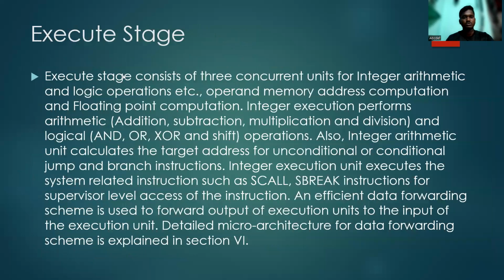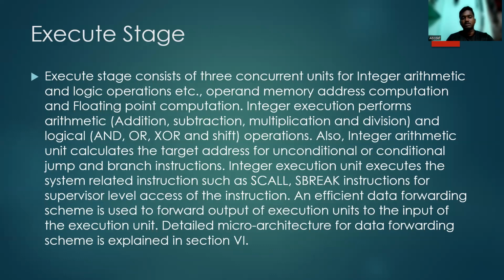And the next one is the execution stage. Execution stage consists of 3 concurrent units for integer arithmetic and logic operations, operand memory address computations, and floating point computations. Integer execution performs arithmetic, for example addition, subtraction, multiplication, and division, and logical operations such as AND, OR, XOR, and shift operations.